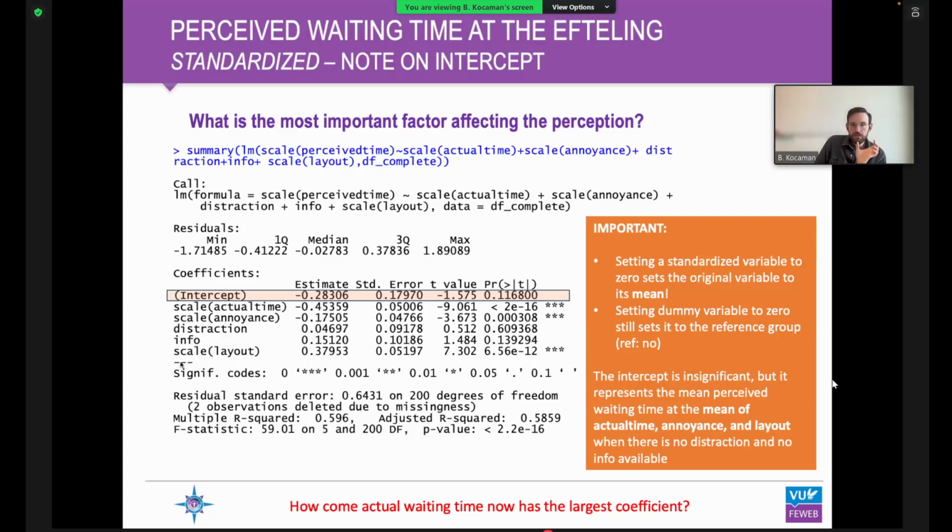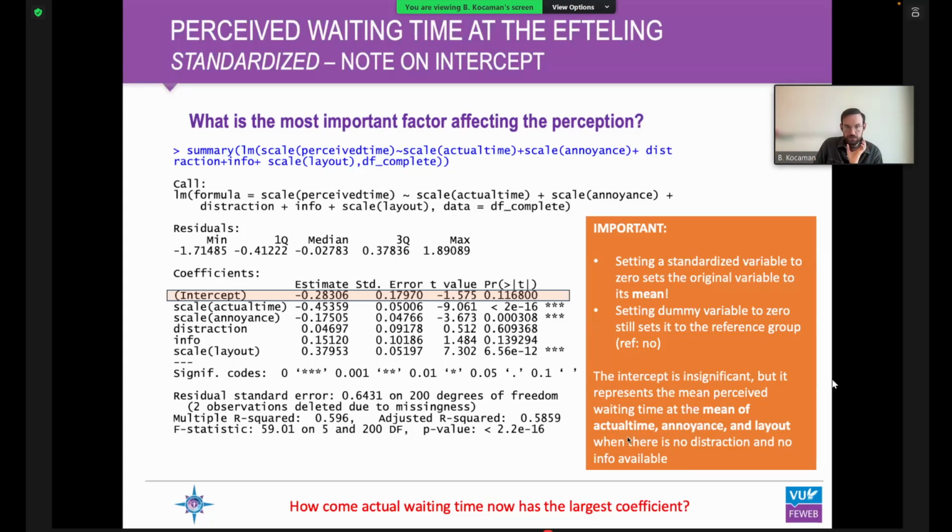And because these are, I think, coded yes and no, the reference group is no. Then the intercept, although it's insignificant, if it was significant, it represents the mean perceived waiting time, so the mean of the dependent variable at the mean of actual time, annoyance, and layout when there is no distraction and no information available. Okay?